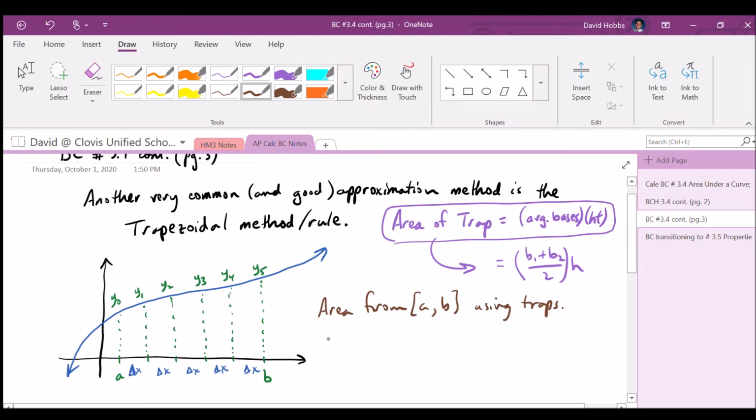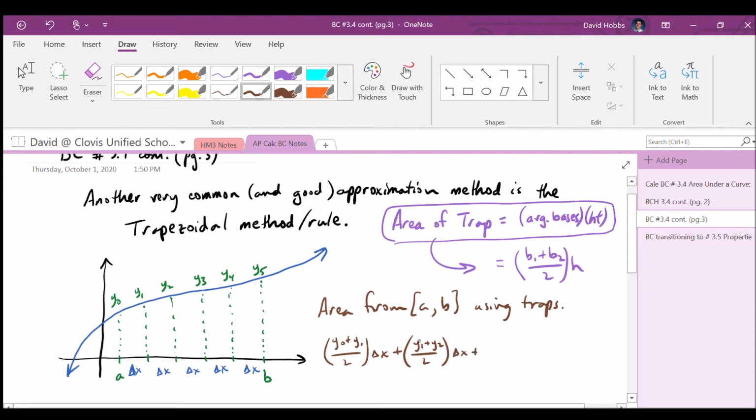So average the bases, y0 plus y1 over 2 times the height, and the height is delta x, plus the next trapezoid, the bases are y1 and y2, and delta x.